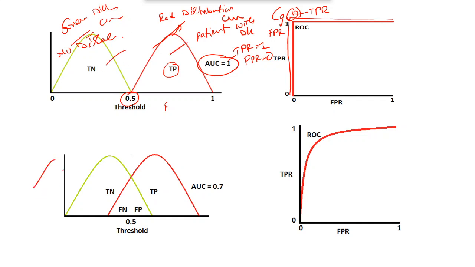If you see this diagram, there is overlap in these distributions. Here FP and FN are the errors, wrongly predicted. Actually this is the true positive, but here the false positive is the type 1 error and the false negative is the type 2 error.